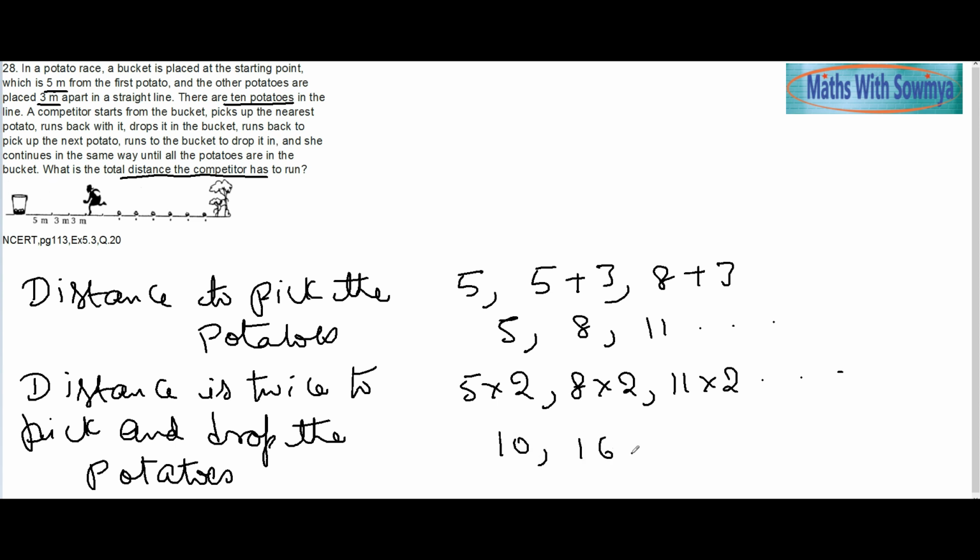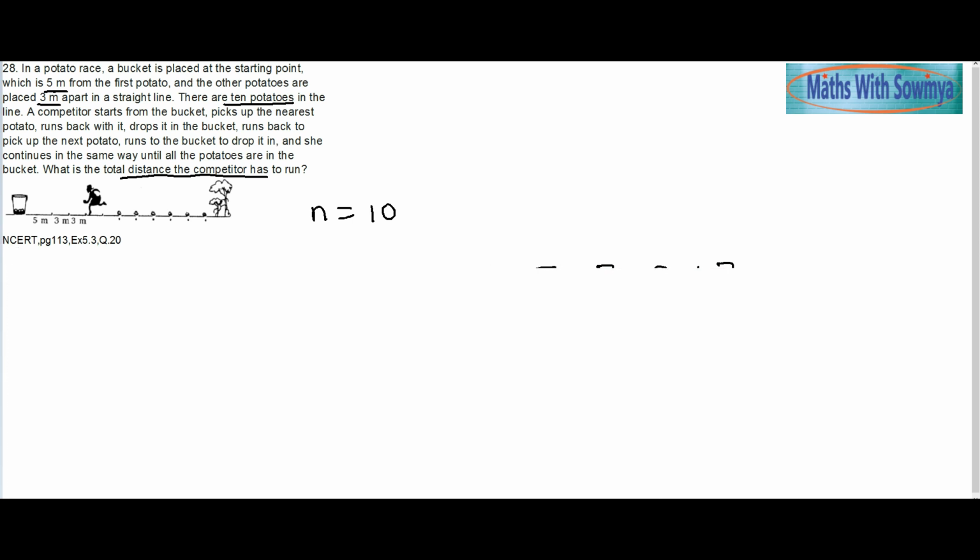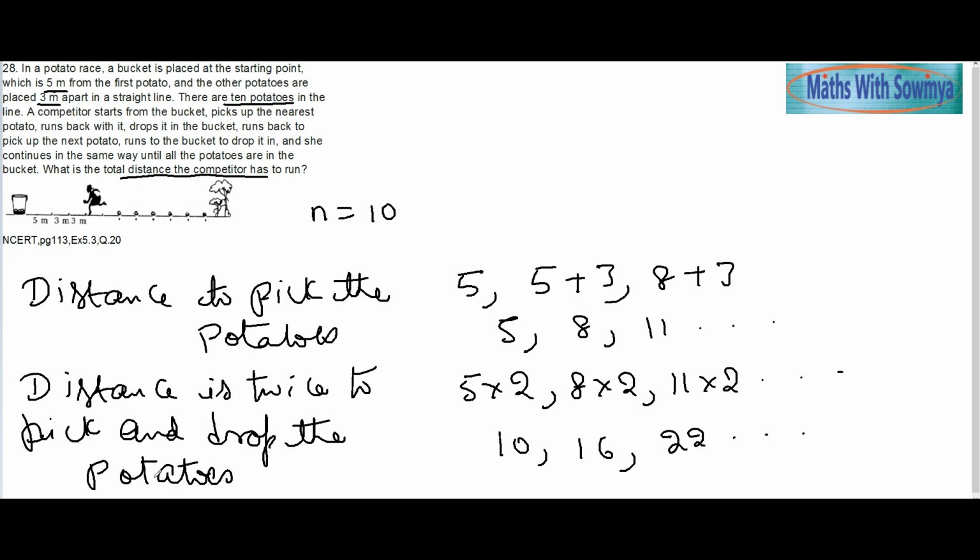So 10, 16 and this is 22. So we got our AP here, and n is also given to me as 10. So we got here 10, 16, 22. We will write that first.